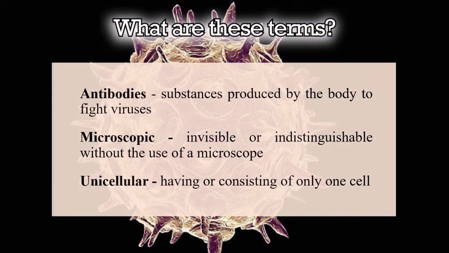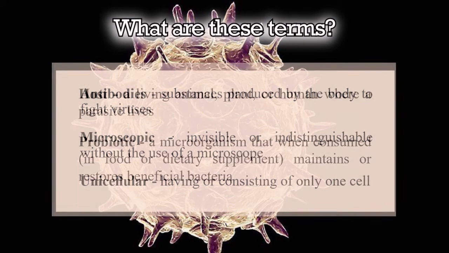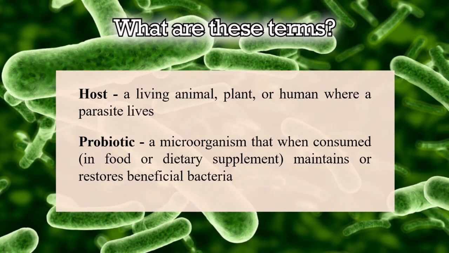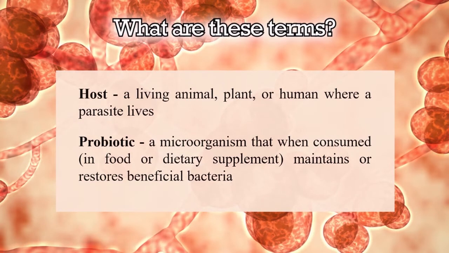Unicellular, having or consisting of only one cell. The host, a living animal, plant or human, where a parasite lives. Probiotic, a microorganism that when consumed in food or dietary supplement maintains or restores beneficial bacteria.